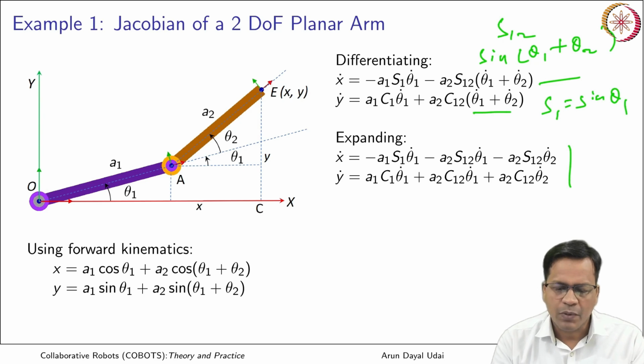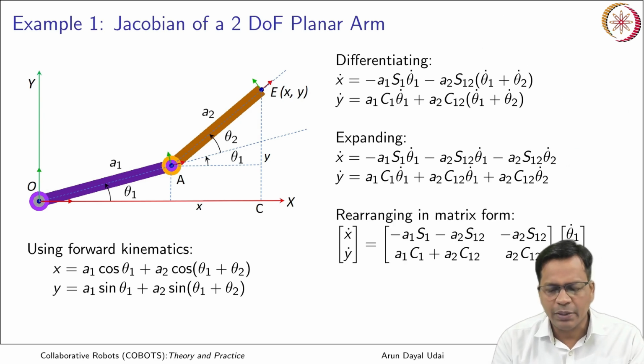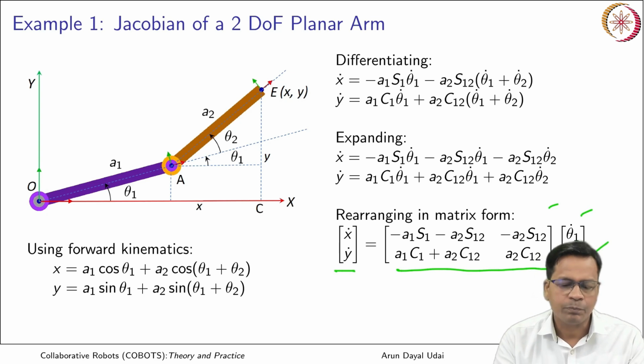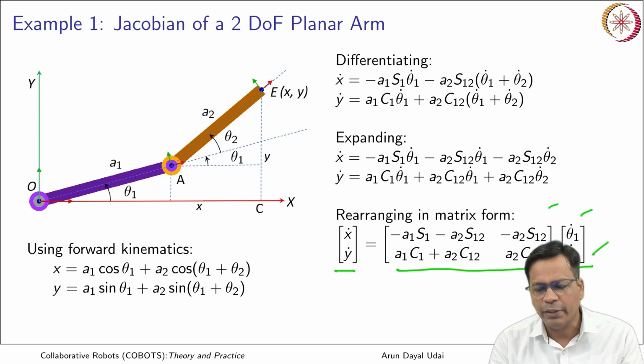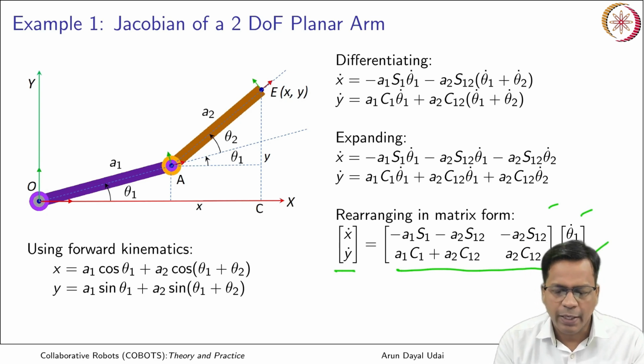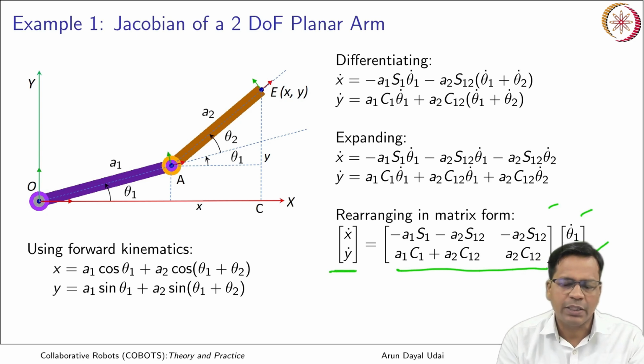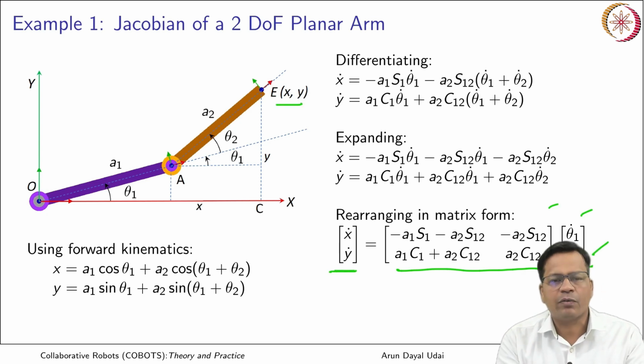If I rearrange them in matrix form, it comes to x dot, y dot equal to a 2 cross 2 matrix times theta 1 dot, theta 2 dot. Theta 1 dot and theta 2 dot are the angular velocities of the joints, and x dot, y dot are the end effector linear velocities.